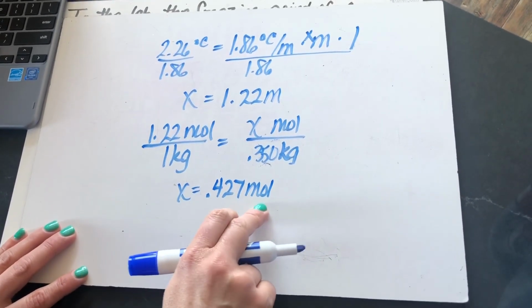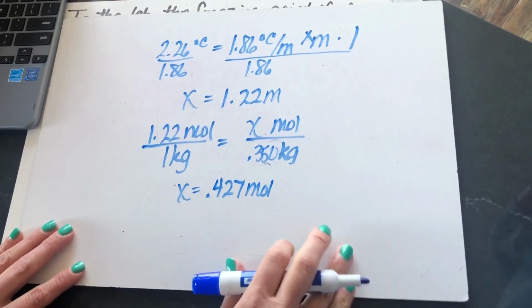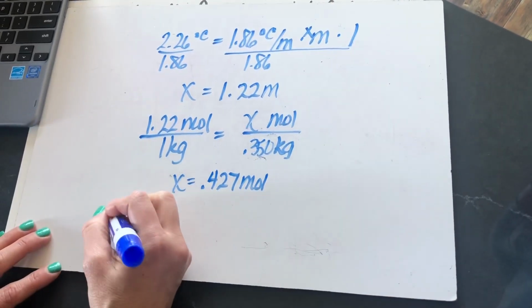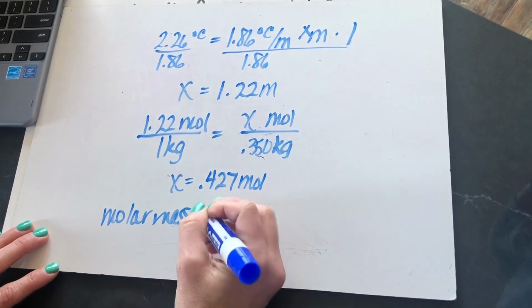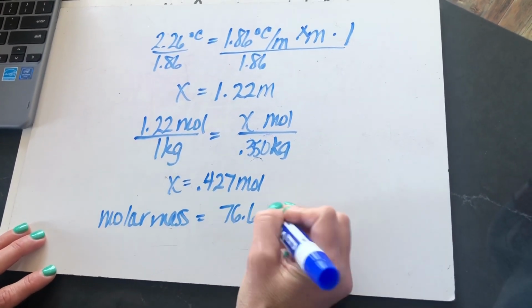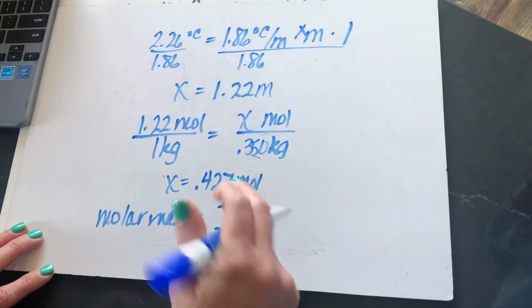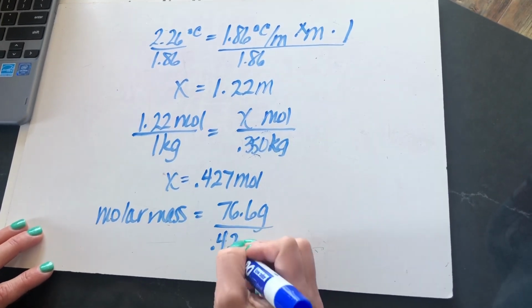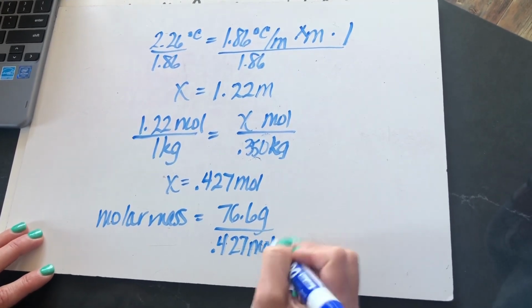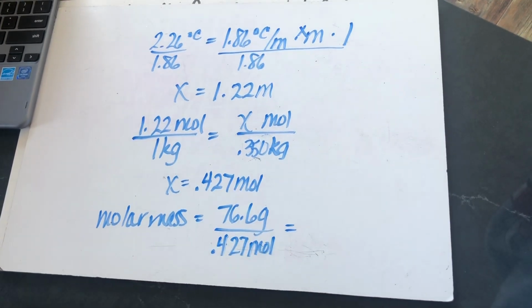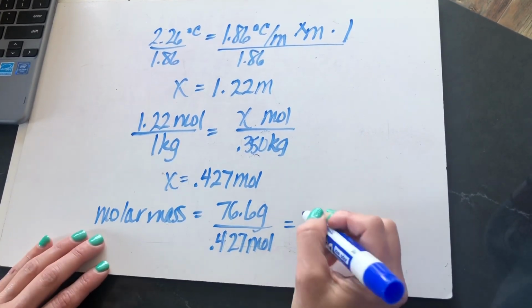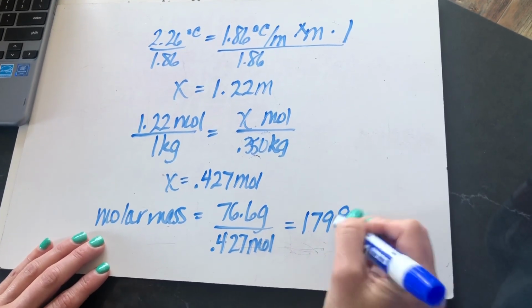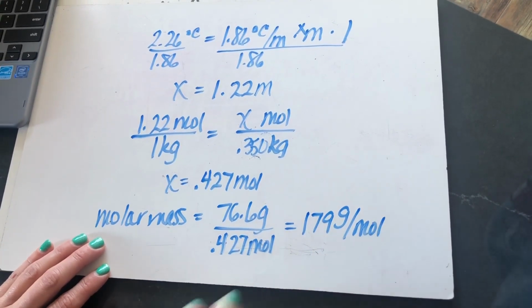That's how many moles of our solute we have. So we're going to go back to our original molar mass equation, which was 76.6 grams divided by our unknown amount of moles, 0.427 moles, and that leaves us with 179 grams per mole for our molar mass.